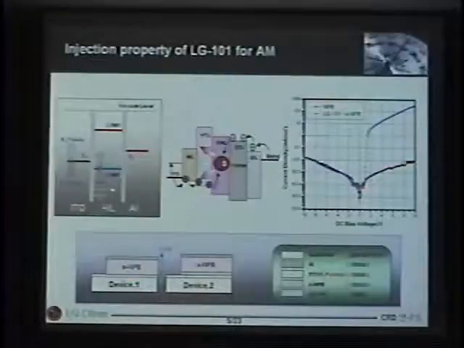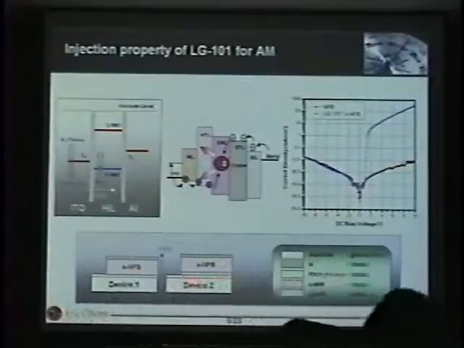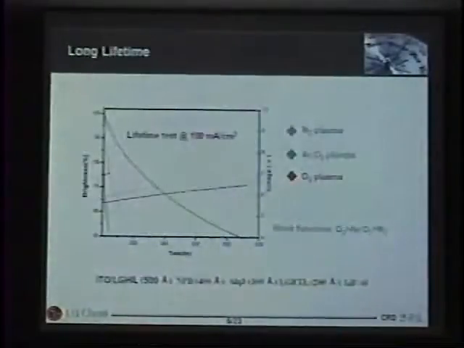But when you use the LG101 in between the NPB and the nitrogen plasma treated ITO, you can see huge injection here. I will talk about why it works like that a little bit later.